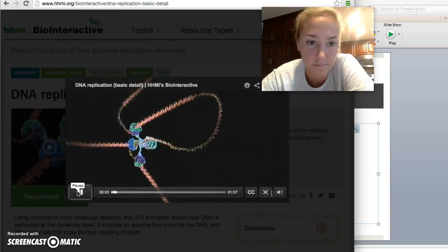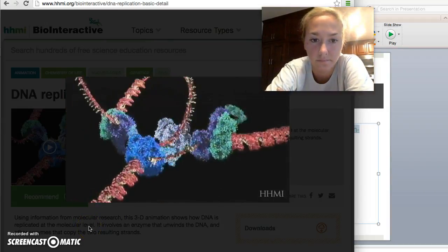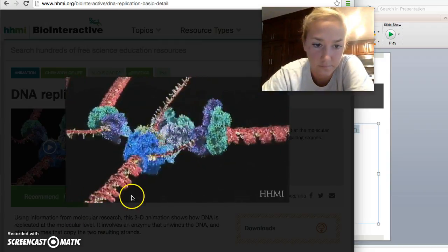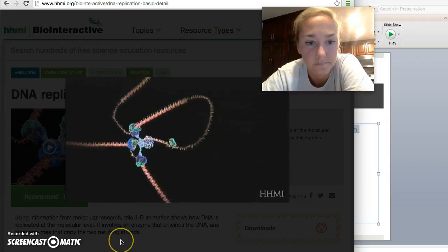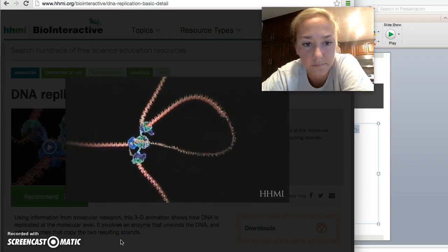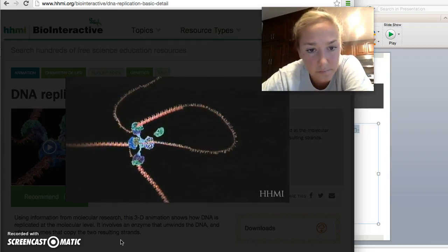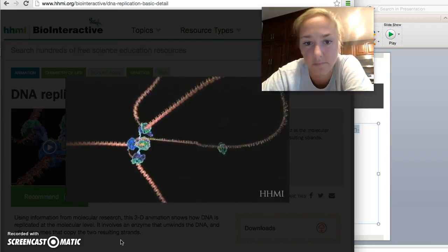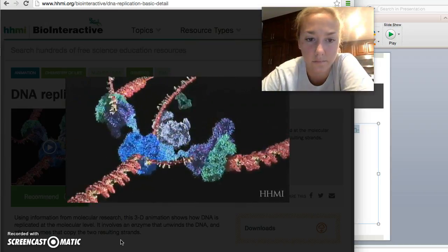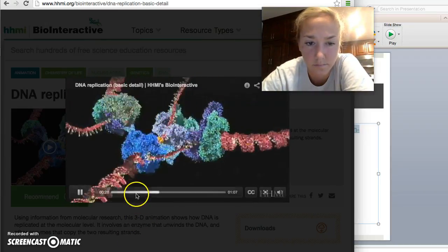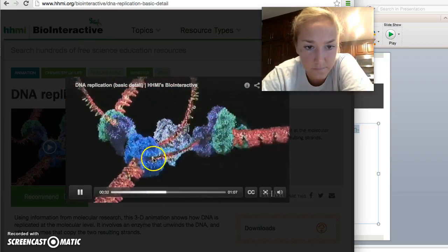Using computer animation based on molecular research, we are now able to see how DNA is actually copied in living cells. So here's the original strand. You are looking at an assembly line of amazing miniature biochemical machines that are pulling apart the DNA double helix and cranking out a copy of each strand. The DNA to be copied enters the production line from bottom left. Right here. The whirling blue molecular machine is called helicase.